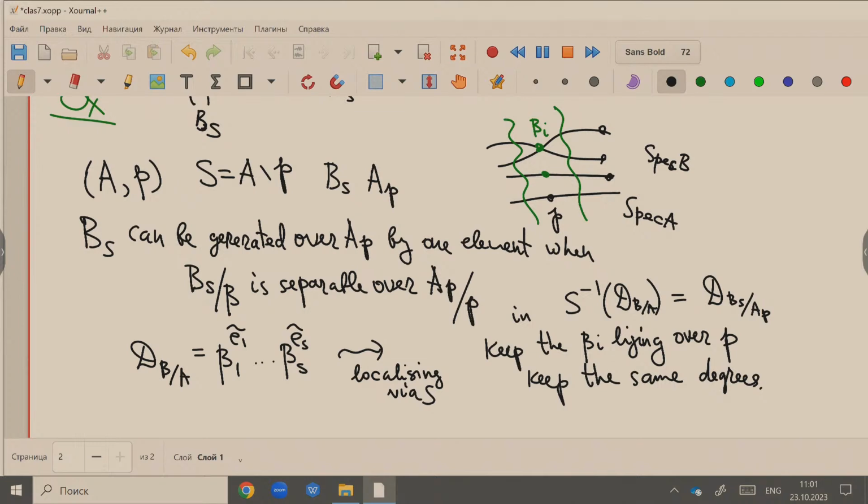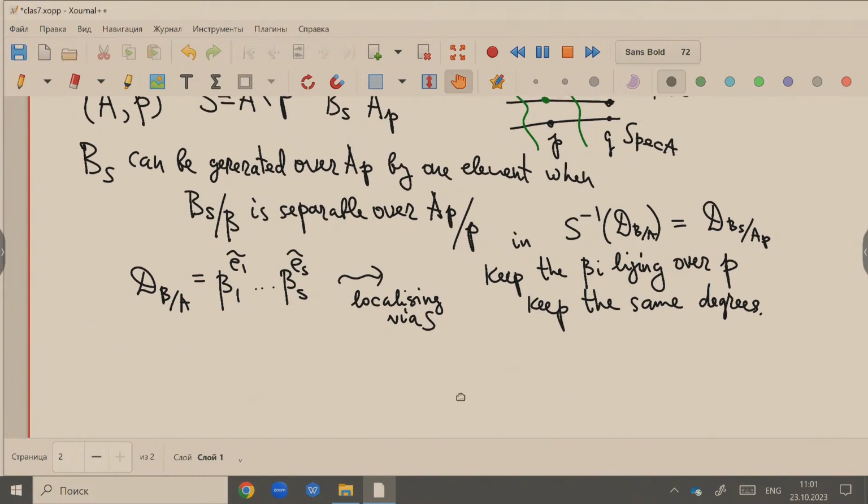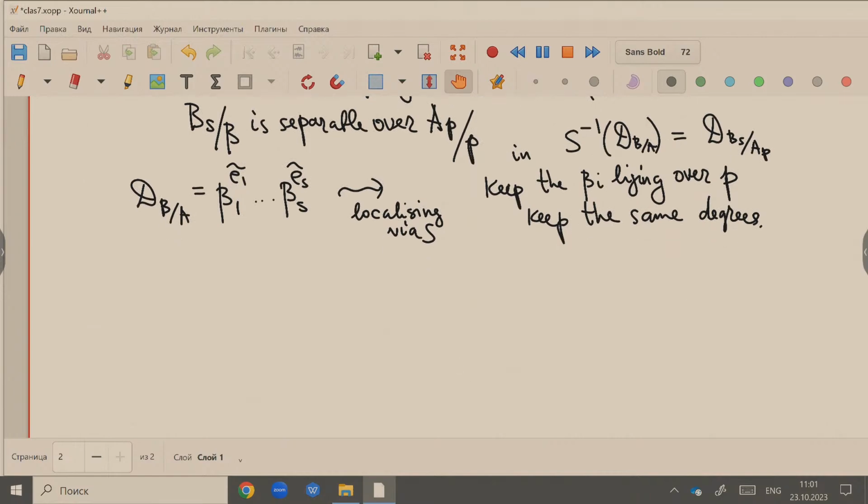Some beta_i's, of course, map into the corresponding P. There is only one P that is the intersection of B_i with A. So in the different you have blocks of the preimages, and you can read off the degrees, since we are just localizing and taking the same degrees. So let me proceed with the calculation.